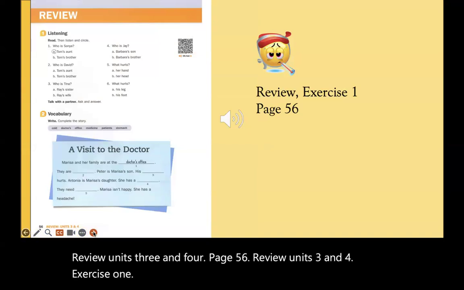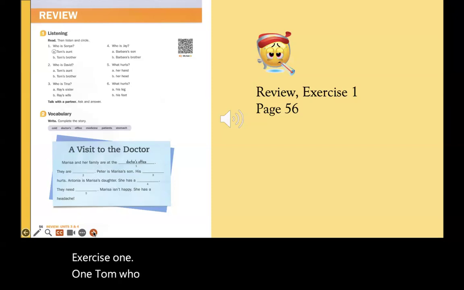1. Tom, who is Sonia? My aunt. 2. Tom, do you have a brother? Yes, I do. His name is David. 3. Ray, do you have a wife? Yes, I do. Her name is Tina. 4.